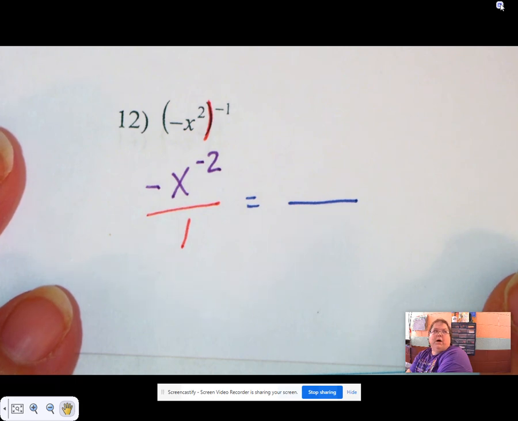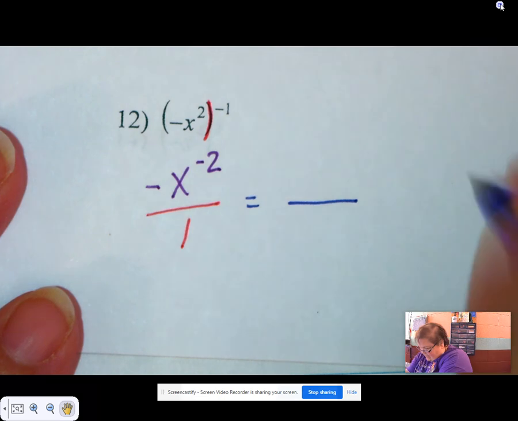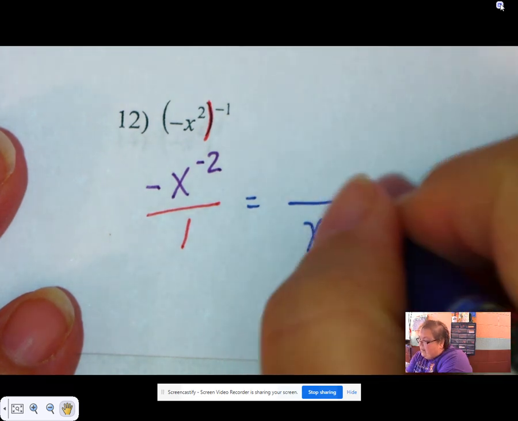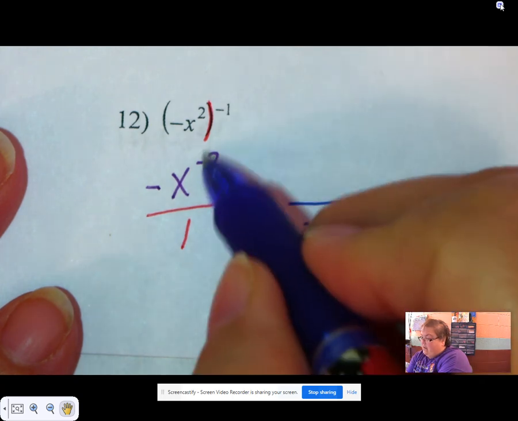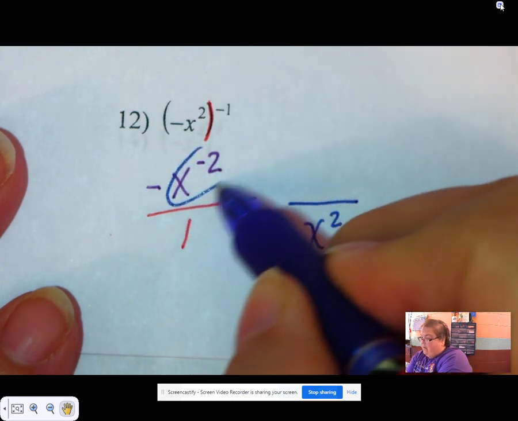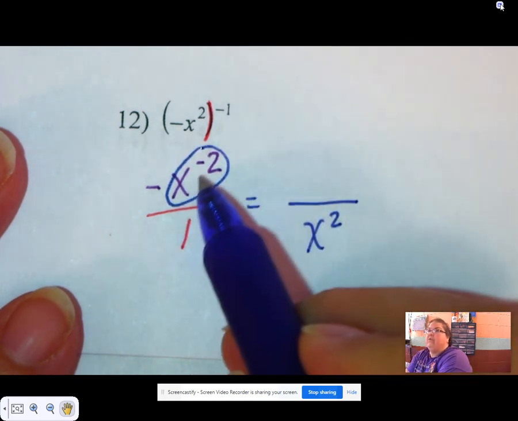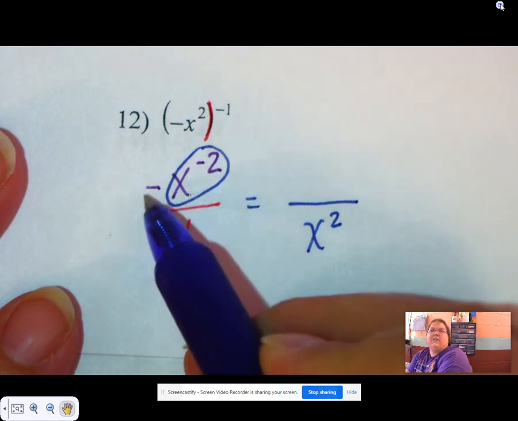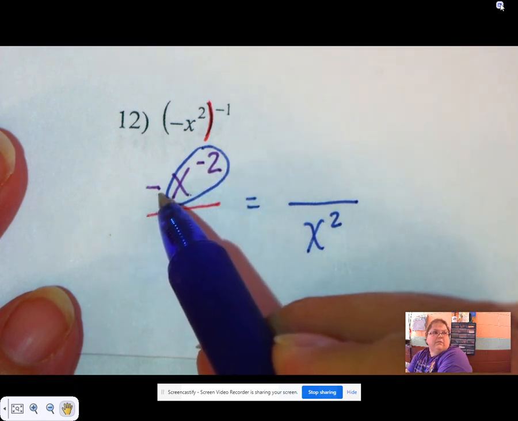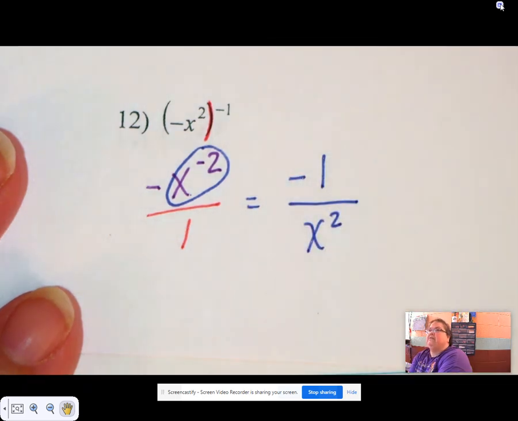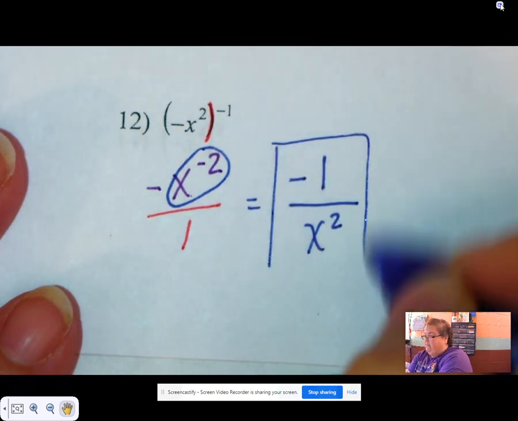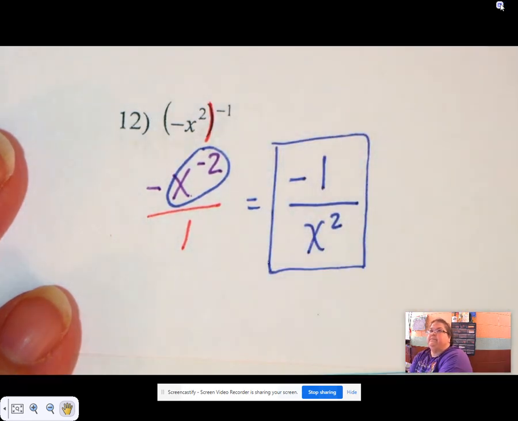What goes to the bottom? And where does the negative go? Because remember, I only move this part. Where is that going to go, Michael? There it is. Questions. Did you get that, Sophie? Awesome.